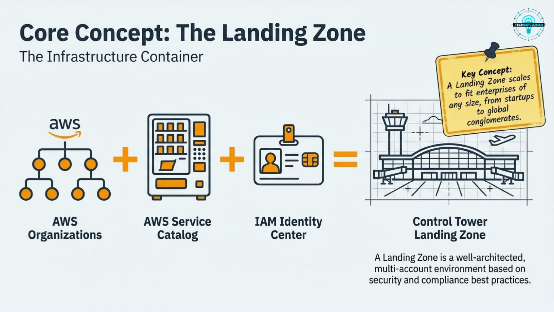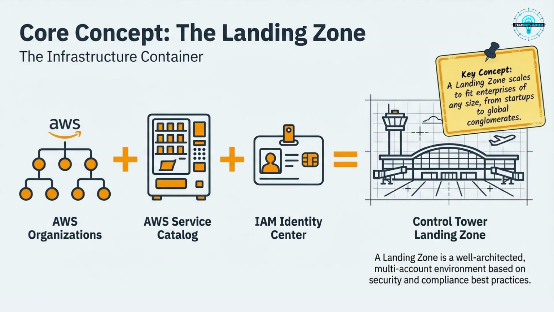All right, so how does Control Tower actually set all this up? The answer is something called a landing zone. A landing zone is essentially a pre-configured, secure, multi-account AWS environment. It's the foundation, your runway if we're sticking with the airport analogy. When you set up a landing zone, Control Tower automatically creates a well-architected structure for you.